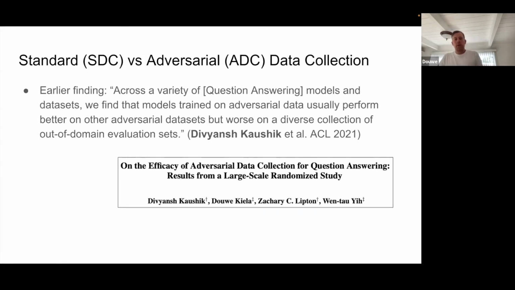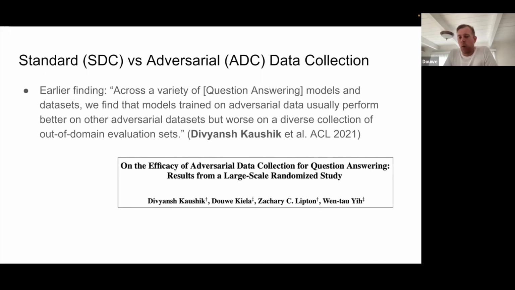And so what we do in this study is we revisit a question that was already asked by one of your colleagues at CMU. So Divyansh, when he came to intern with us, did a very nice paper on the efficacy of adversarial data collection for question answering. And what we found in that paper is that across a variety of QA models and datasets, models trained on adversarial data usually perform better on adversarial datasets, but worse on a diverse collection of out-of-domain evaluation sets.